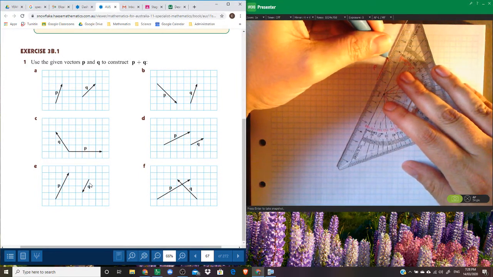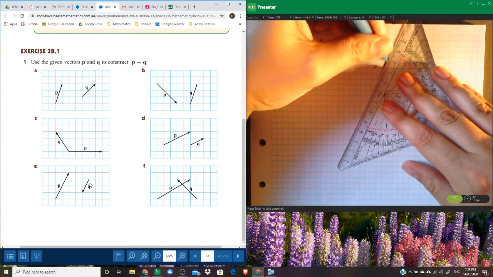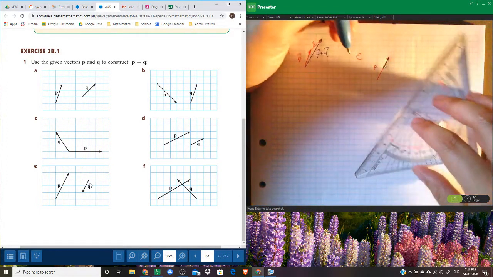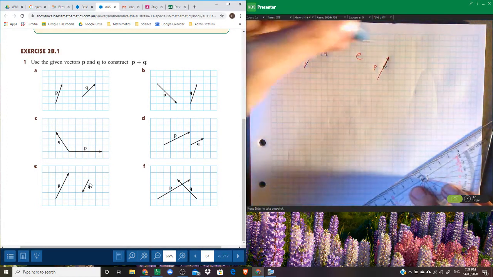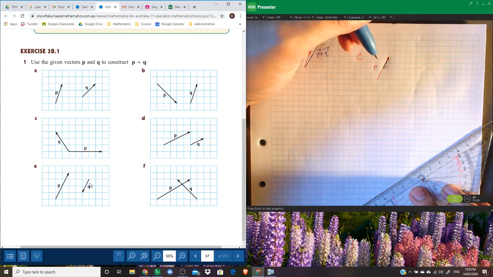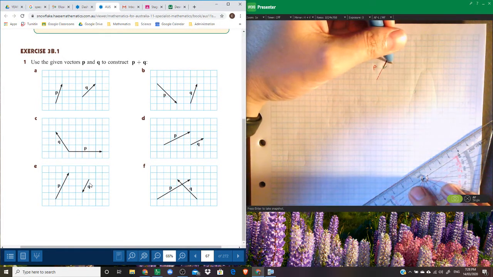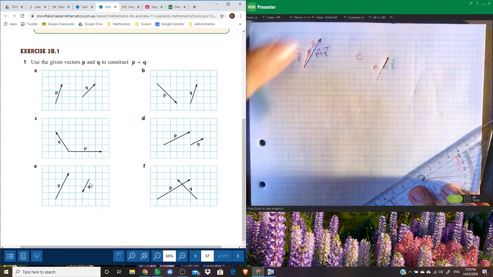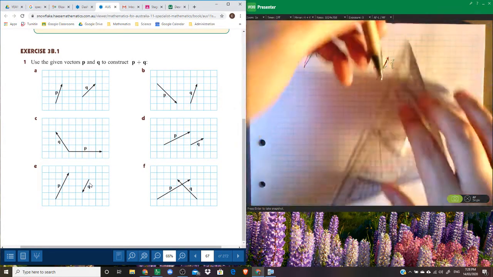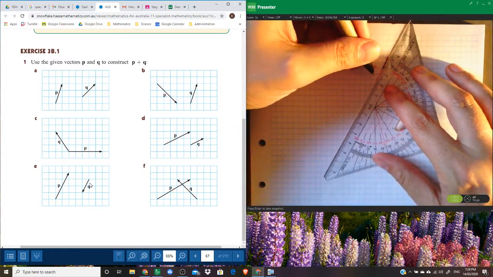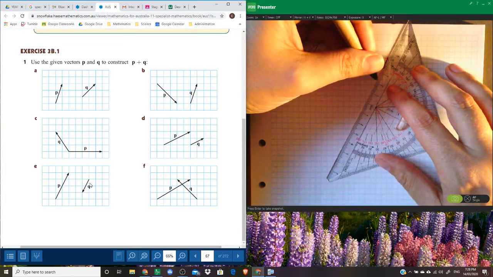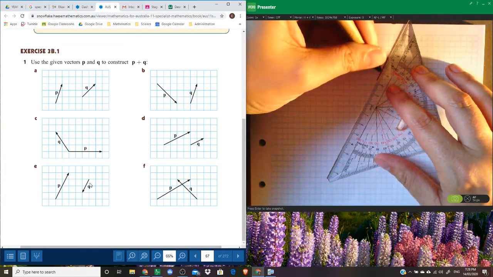All right. So yes, you might be able to see the green there. That's 1, 2 down and 1 across. So that was Q. Okay. Then your resulting vector P plus Q is actually this.